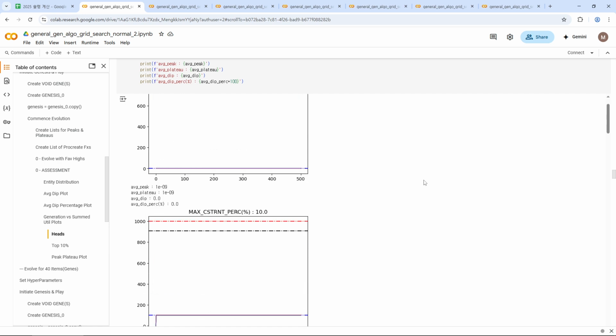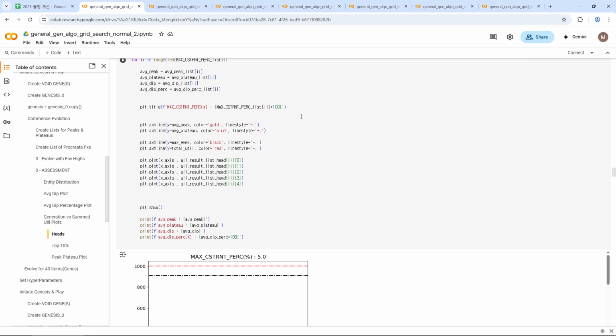Oh, one thing to note in this notebook and in some of the others as well, is that although the maximum ever and the total utility are in black and red, and the total utility was usually always at the top, in this series of notebooks that is not the case, because the total utility changes with every iteration.